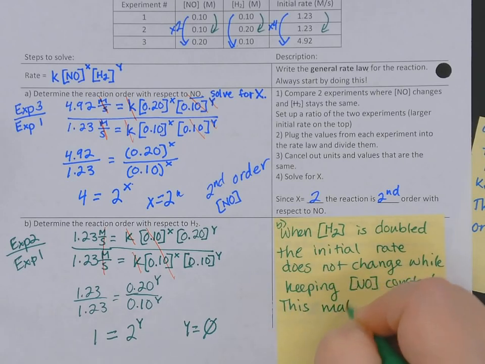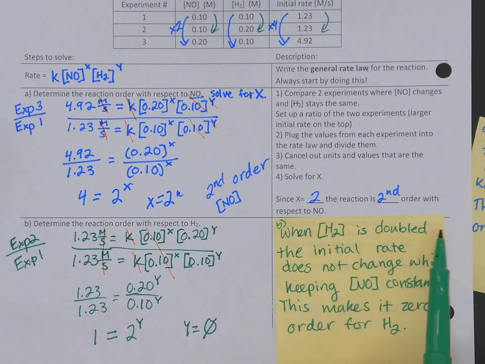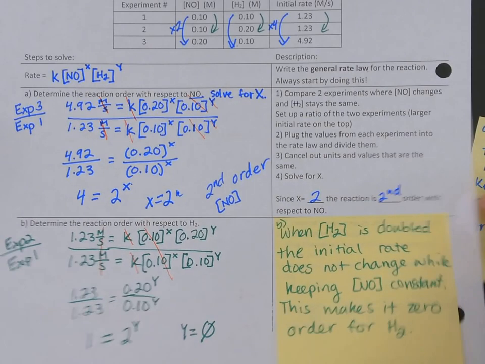This makes it 0 order for hydrogen. Right? So when we double hydrogen, when we change hydrogen, nothing happens to the rate, has no effect, making it 0 order, 0 effect.